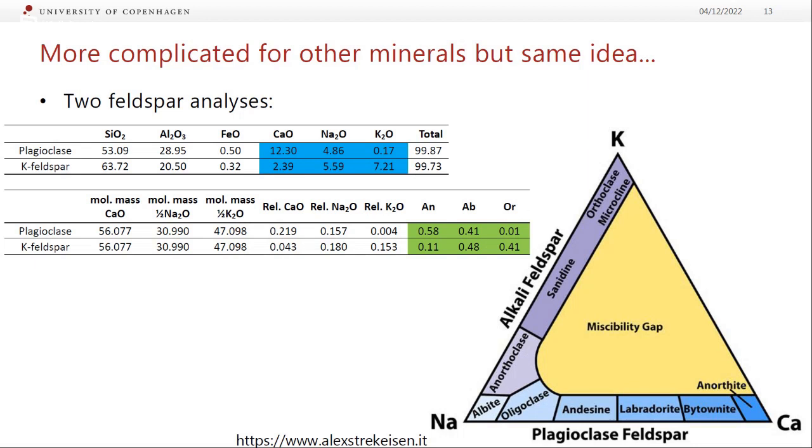So same thing again, except a little twist here is when we use the molecular masses for sodium and potassium, because it's Na2O, we actually divide it by 2. We want to have the mass per sodium. So for calcium, we just do the molecular mass, which is about 40 plus 16, so that's 56.